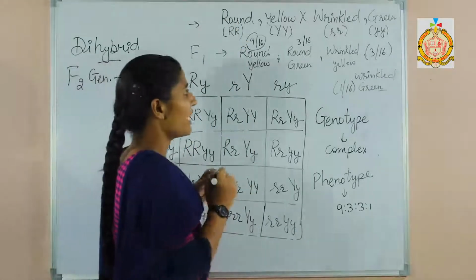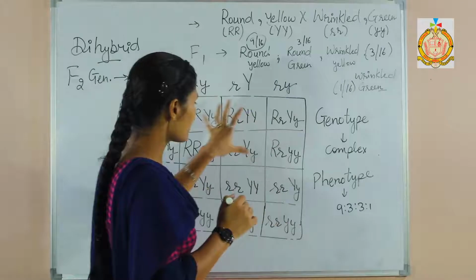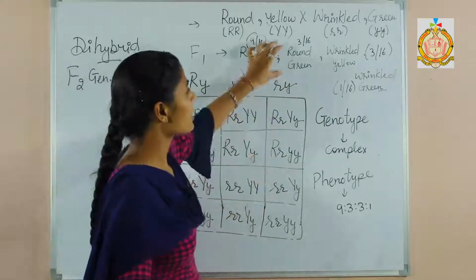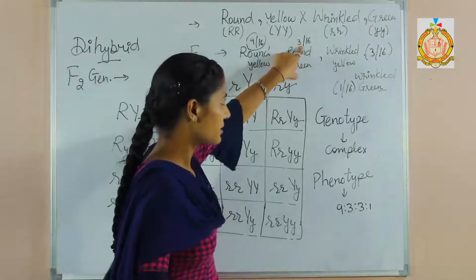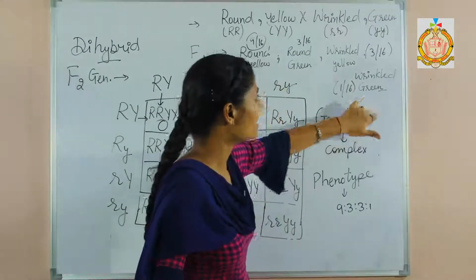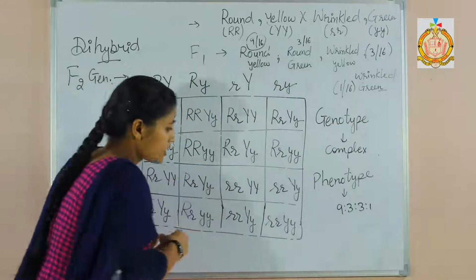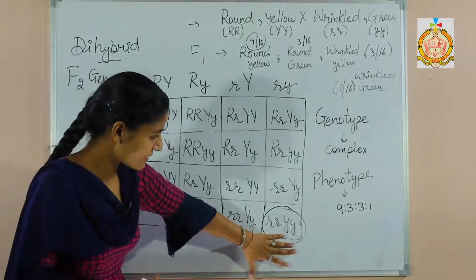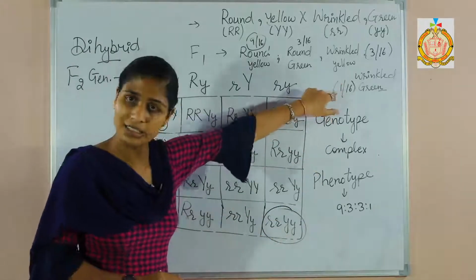From these 16, because this is a 4 by 4 matrix, so total 16 are there, round and green are only 3. Wrinkled yellow again 3, and wrinkled green is only 1. This shows the full recessive character.